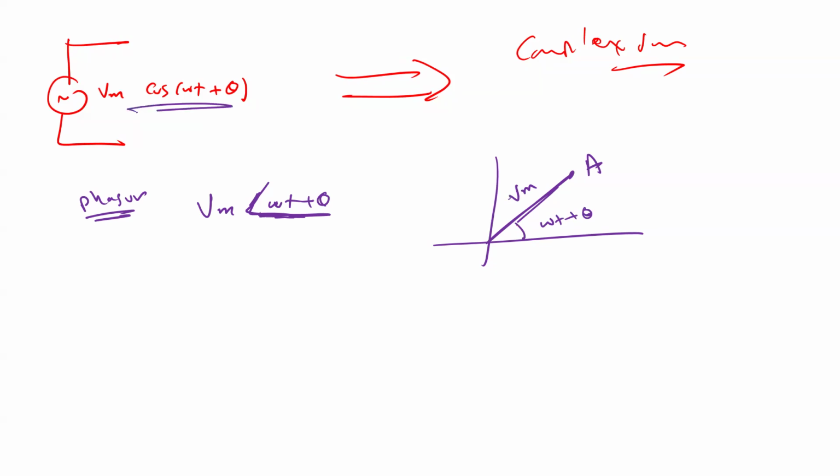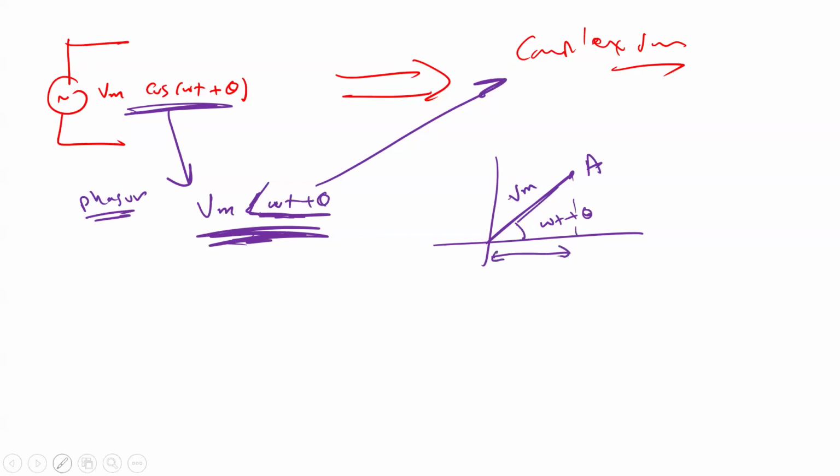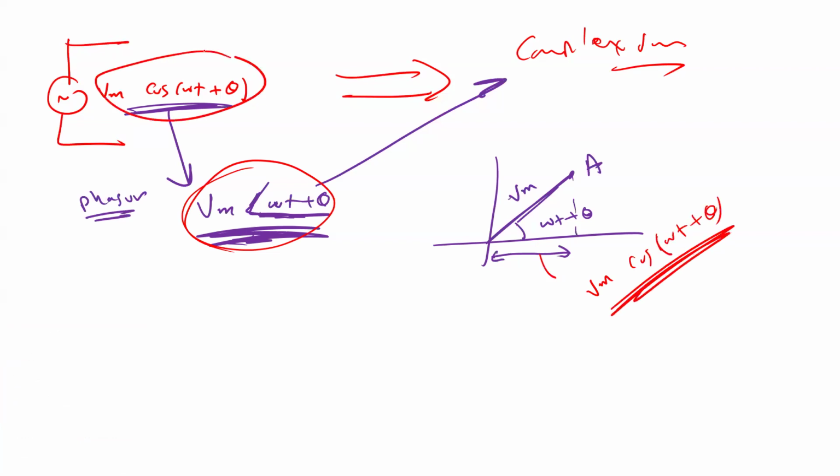I can convert it to this phasor in the complex domain and use it. But there is something here: if you look at the projection over the x-axis, the real part, the real part of this one is Vm cosine omega t plus theta, which is this one.